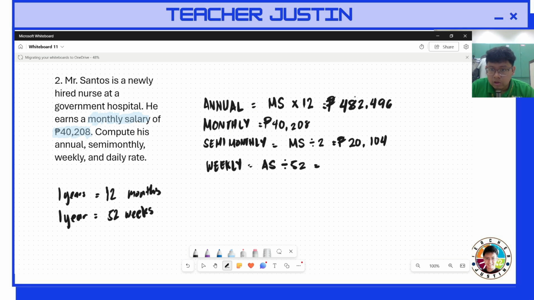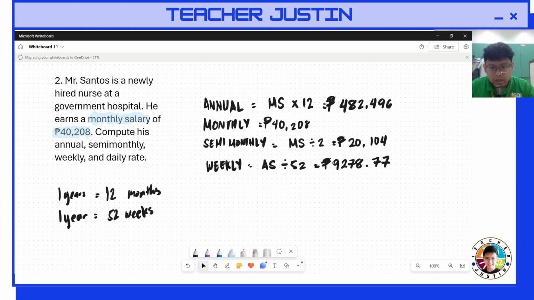So annual is 482,496 divided by 52. That will give us 9,278 point, let's round this up, 77 pesos. So that will be our weekly salary.